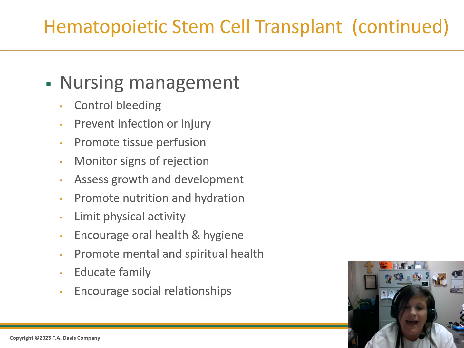We want them being active, but we want to limit the rigorousness of that activity, making sure that they are using good hygiene practices, that there's good oral health being performed, that we're addressing their mental, spiritual, and psychological needs, that the family's being educated, and that we're still integrating social relationships and peer interaction for these patients.